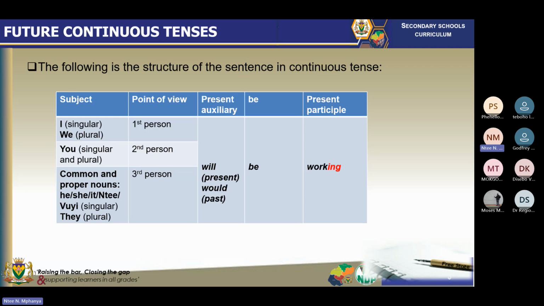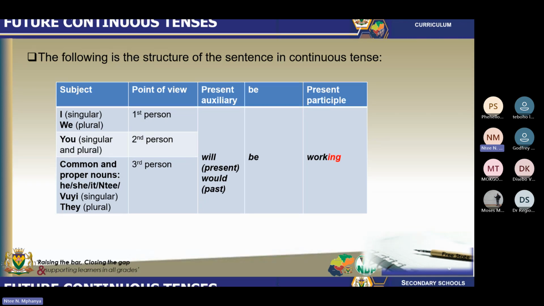But under auxiliary, remember auxiliary can also be used as a helping verb, because it helps our verb to change the form into present participle. So under auxiliary for present, we have will, and in the past, it will be would, plus be, and the present participle of the verb work, which changes into working.